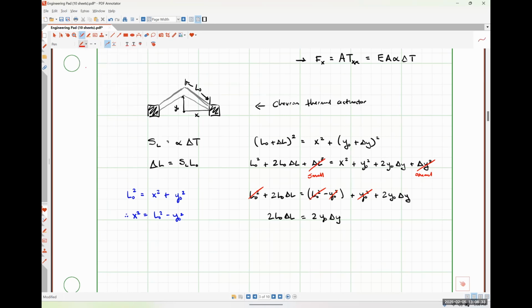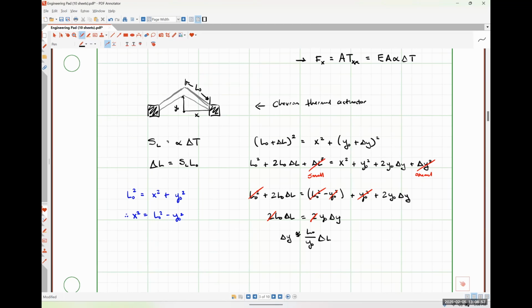And I'll be damned if those 2's that I forgot originally don't even matter. Lucky for me. And we wind up finding that our change in displacement in the y direction is going to be approximately equal to L naught over y naught multiplied by our change in length.